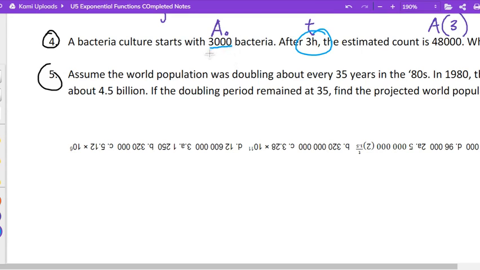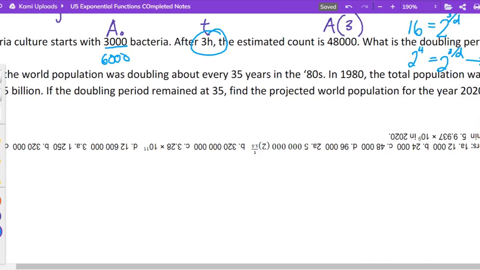To go to 6,000, that means we have doubled. How long did that take? 3/4 of an hour, i.e. 45 minutes, right? That's what doubling time means. It just means how long does it take to double?